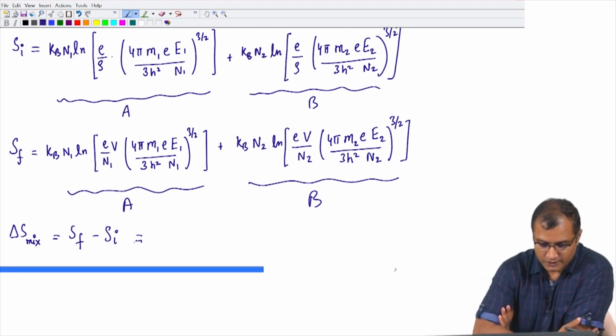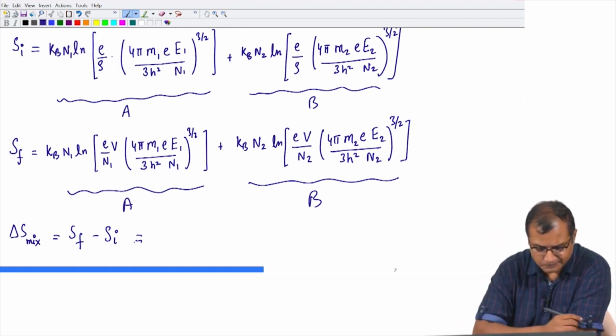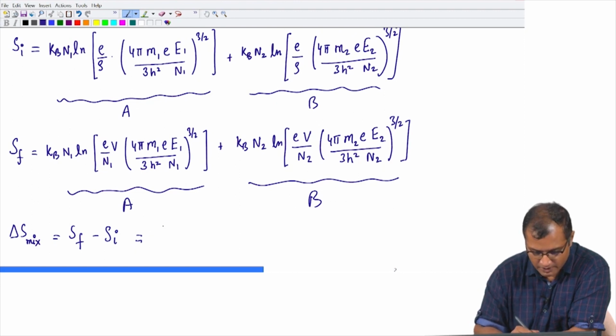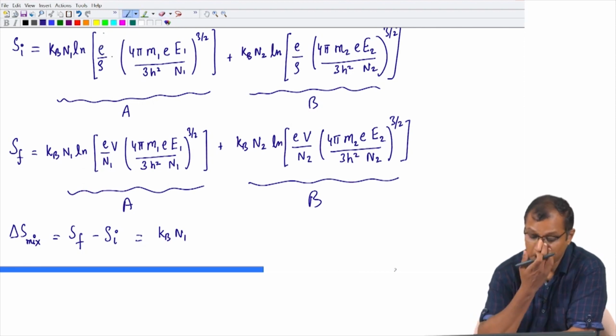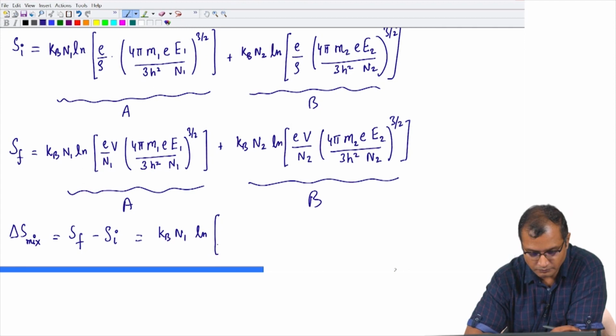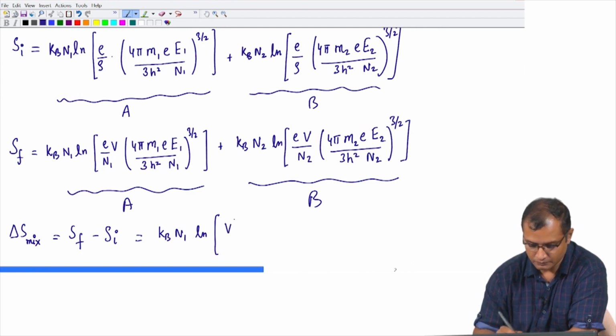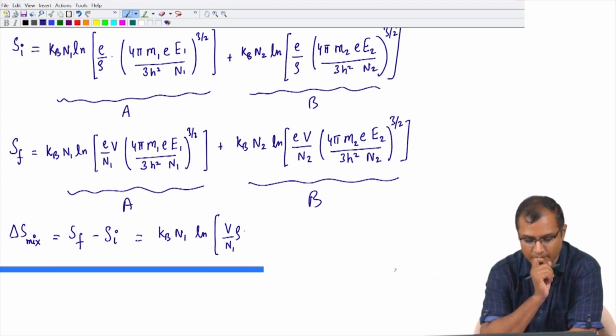Okay. So, if you look at the expression, from the A types I can simply write down KB N1 into ln rho, because it is minus of Si and it is already ln 1 by rho.